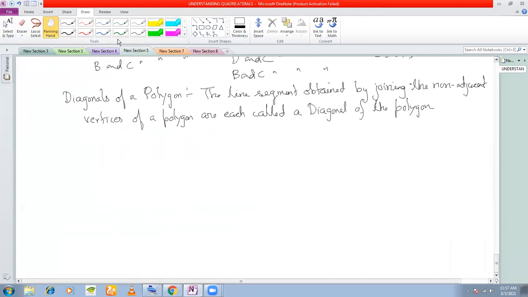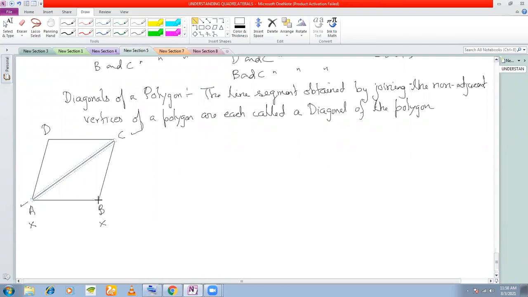But in the case of a quadrilateral, let us consider a parallelogram. Which two vertices are adjacent? This and this are adjacent, right? Which two are not adjacent? A and C are not adjacent, and B and D. Therefore, you join A and C. This line is called a diagonal of the polygon.